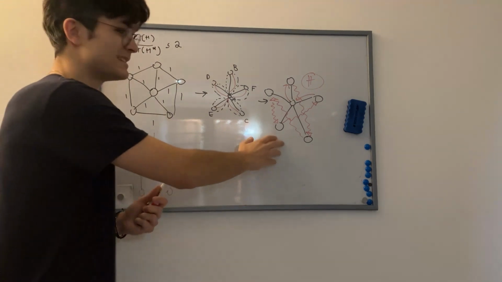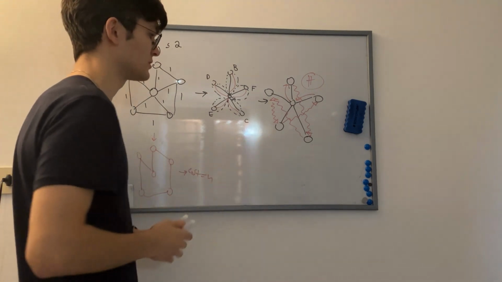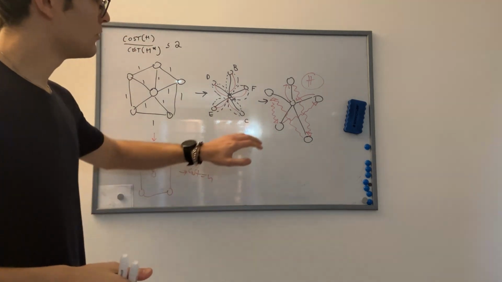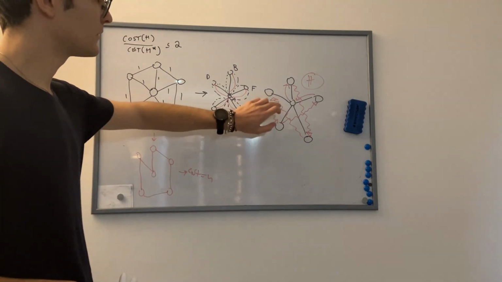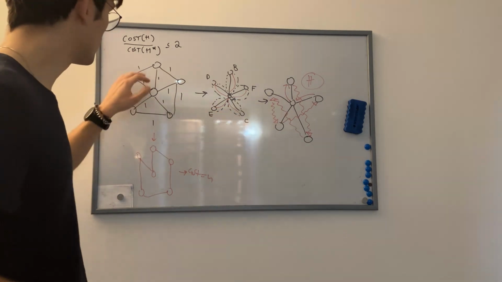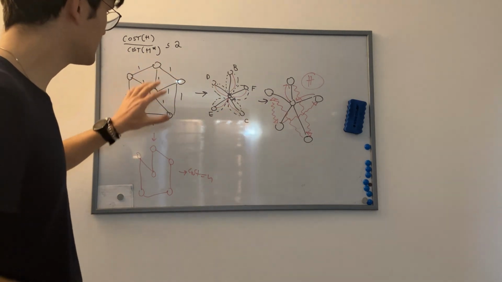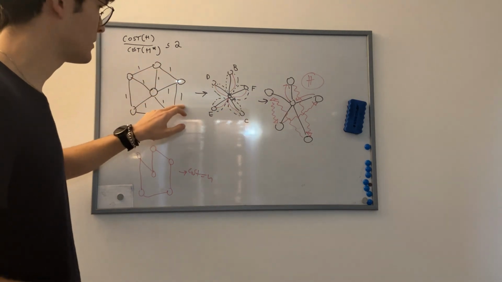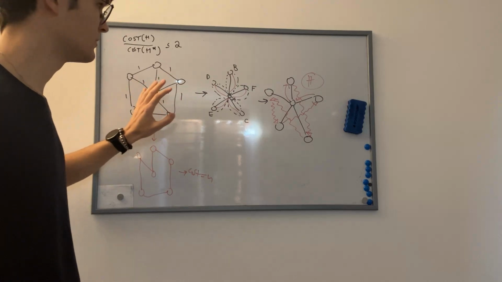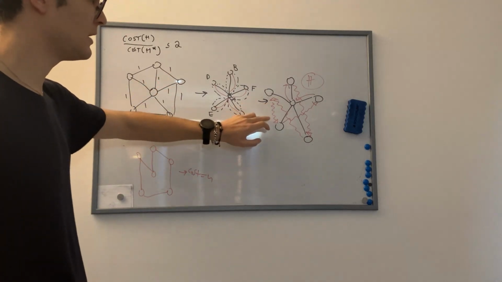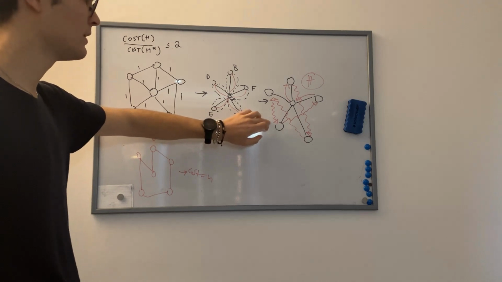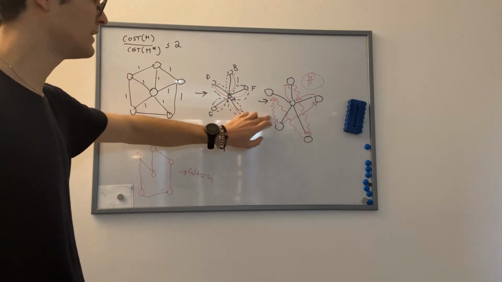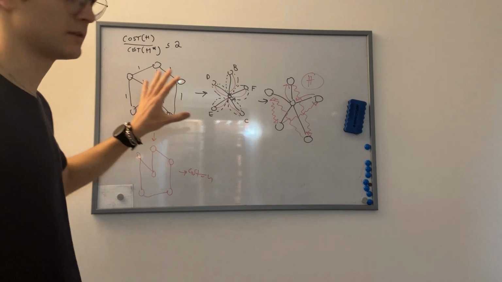How much does this Hamiltonian cycle cost? If you look at it, we paid 2, because remember, I've drawn only the edges that have cost 1, but all of the other edges have a cost of 2. So all of these wiggling arrows that I've drawn mean that we have to take an extra edge that is not here, so it costs 2.